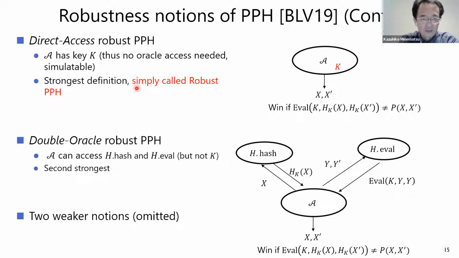This is the strongest definition and is simply called robust PPH. The second one is the double oracle robust PPH. In this case, the adversary can access the hashing oracle and the evaluation oracle, but does not have the key. It is the second strongest notion.